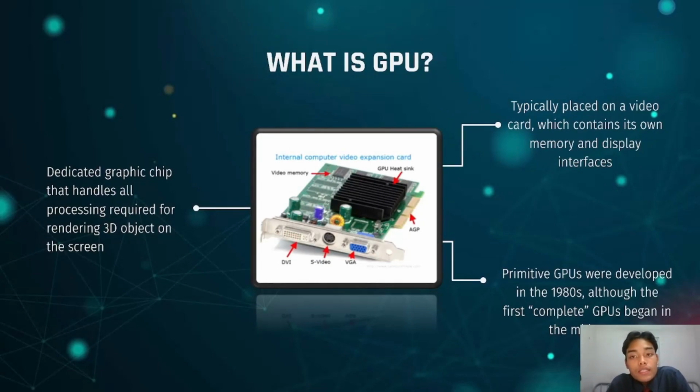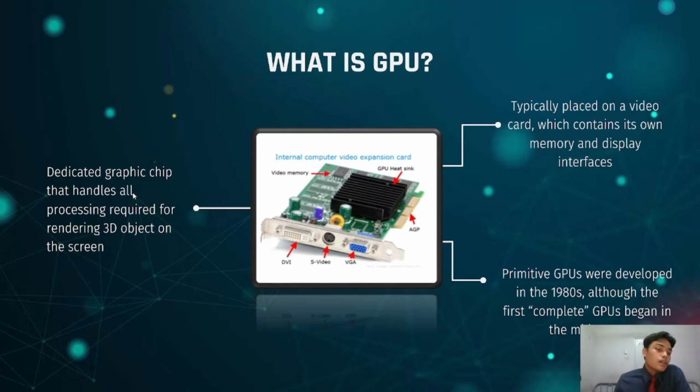So, what is a GPU? Here we have the diagram of an internal computer video expansion card. The first point: it is typically placed on a video card which contains its own memory and display interfaces.